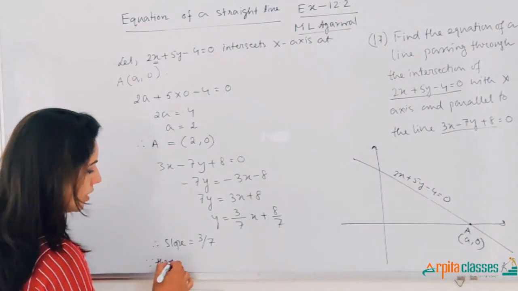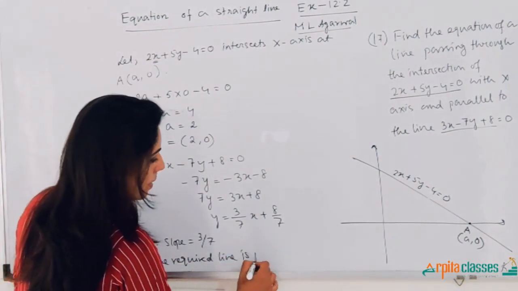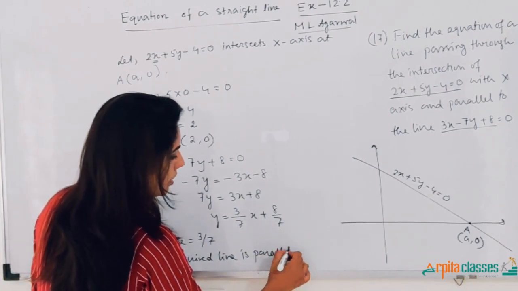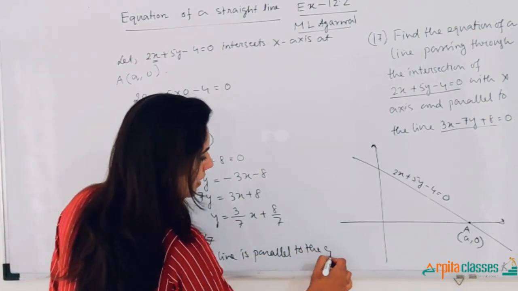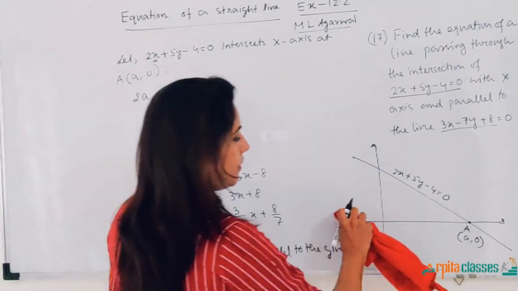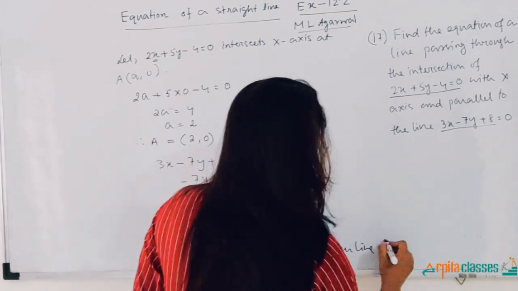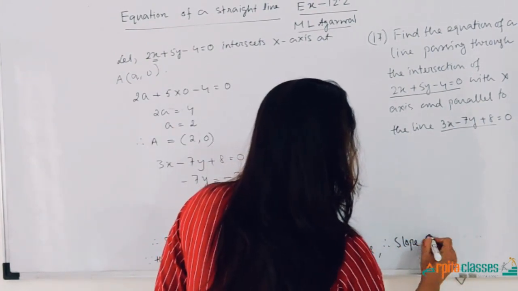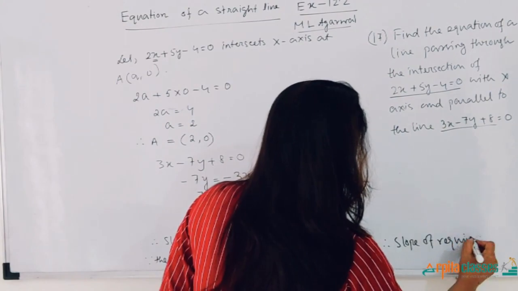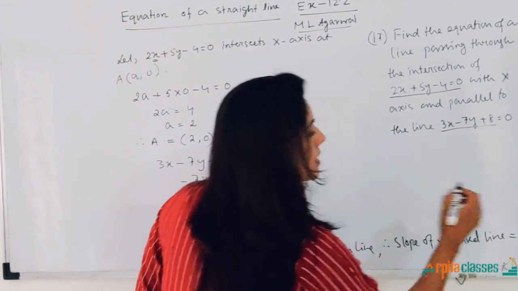Since the required line is parallel to the given line, therefore slope of the required line will be the same. So I am writing it here: slope of required line is also 3 upon 7.